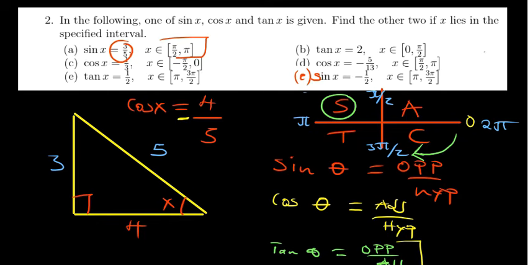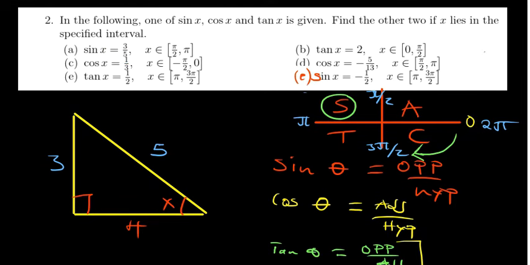And then tan of x will also be negative. It will be opposite over adjacent: the opposite is 3, the adjacent is 4. So we've answered both. The values of x here help us determine what is ahead of us.